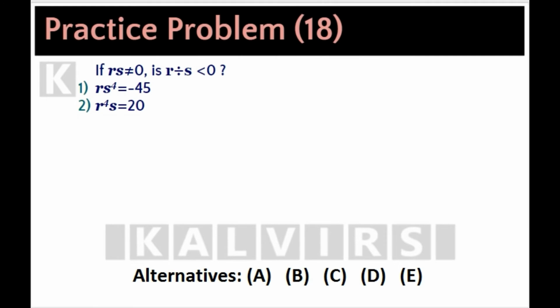If r times s is not 0, is r over s less than 0? The question states that neither r nor s is 0, and they want to know whether this quotient is a negative number or not.